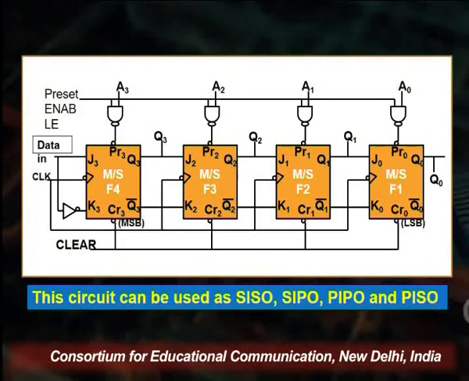We find that we have certain data, and that data can be transferred into the flip-flops directly. Now, this circuit is the circuit for a universal shift register, and this allows us to perform all 4 functions, that is SISO, SIPO, PISO and PIPO.